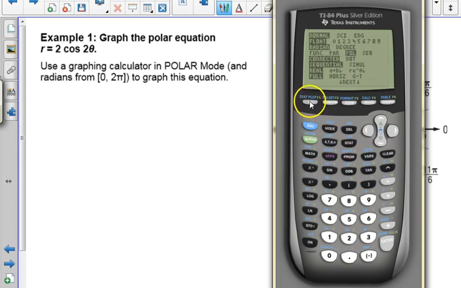Now we're going to go to y equals. Make sure you don't have a plot on like I do. And now it says r. Okay, so we can type this equation in. 2 cosine 2 theta. We can't use x. Well, we could, but what happens when we hit that x button this time?